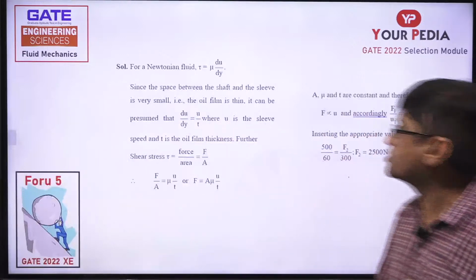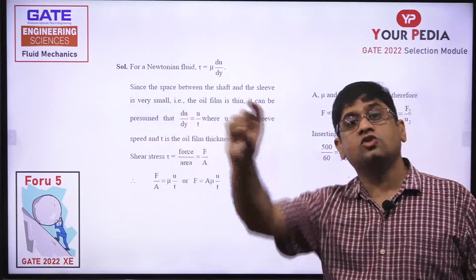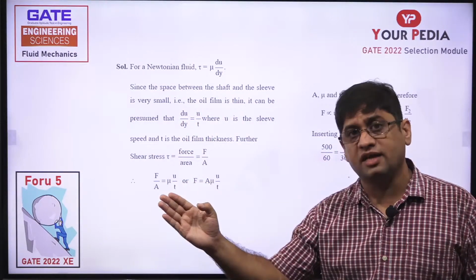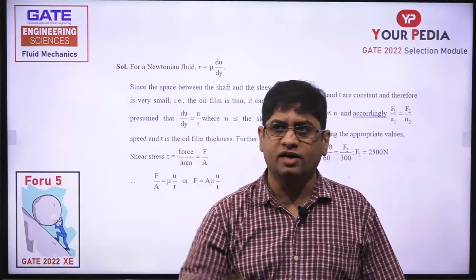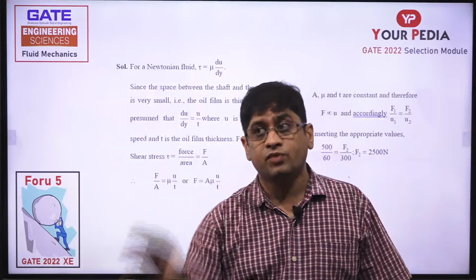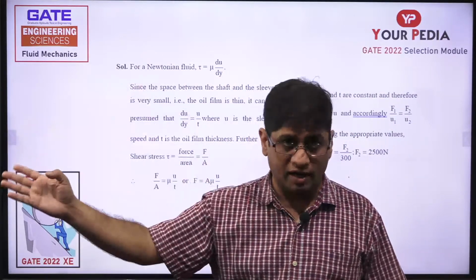Let's go to Newton's law of viscosity. Tau is mu into du by dy. Let's assume the linear profile. du by dy is equal to u by t. There is an assumption behind that. Whenever you write the velocity gradient du by dy as u by t, u by x, u by h, the assumption is a linear velocity profile.